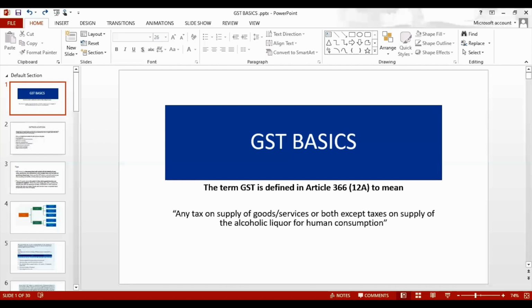In that main point, GST can be charged from some states like Jammu Kashmir, Himachal Pradesh, Uttarakhand, at a 10 lakh turnover per year. For special category states, we can charge at 20 lakh turnover per year.